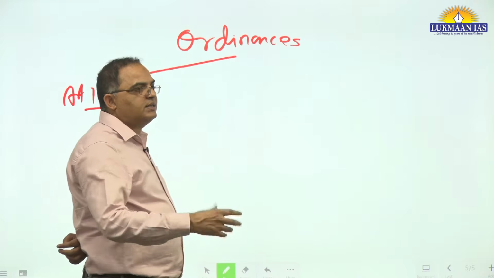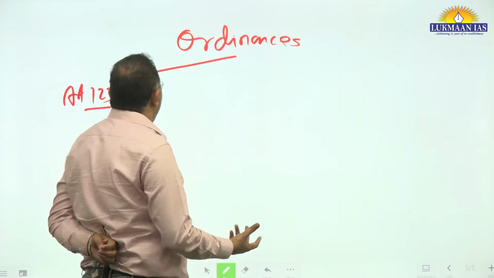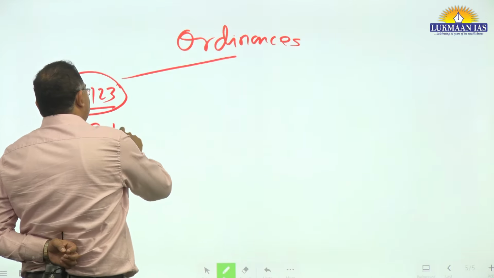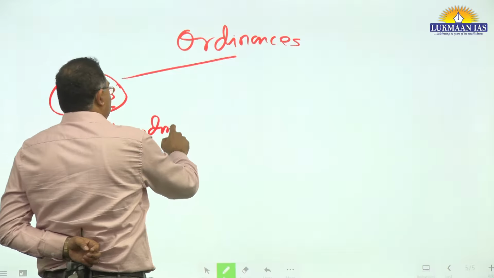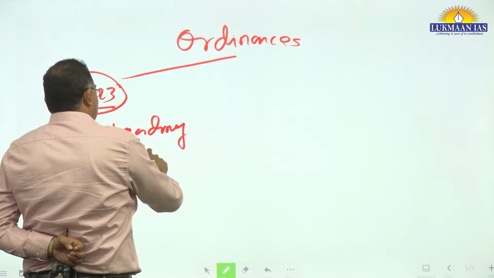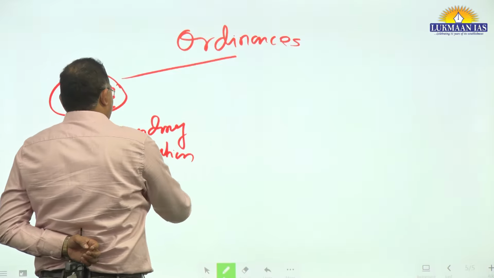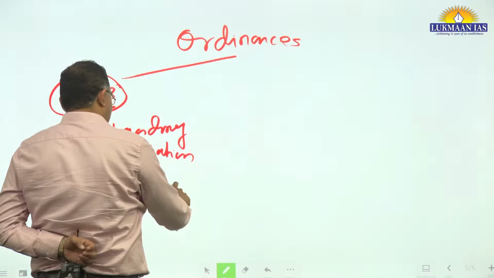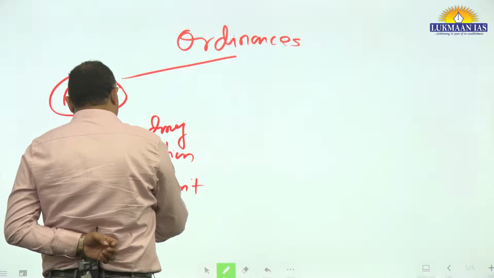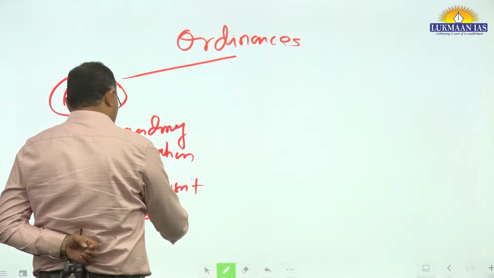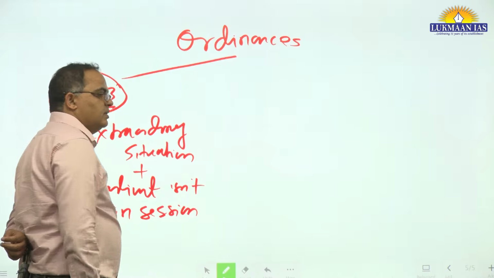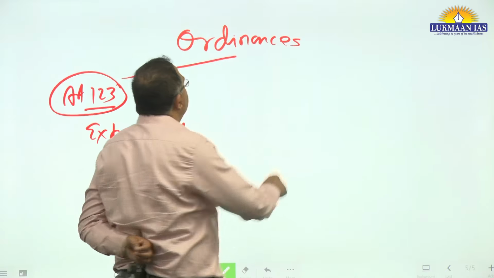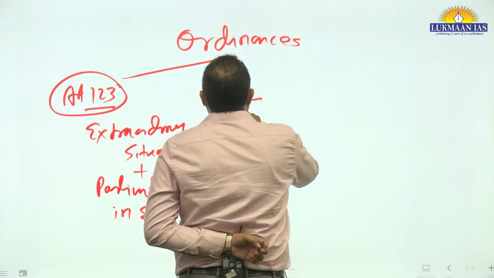By declaring an ordinance, a law is made. You should know that. That is how it speaks about extraordinary situation, plus parliament not being in session. It means, let's say, ordinance is a delegated power.